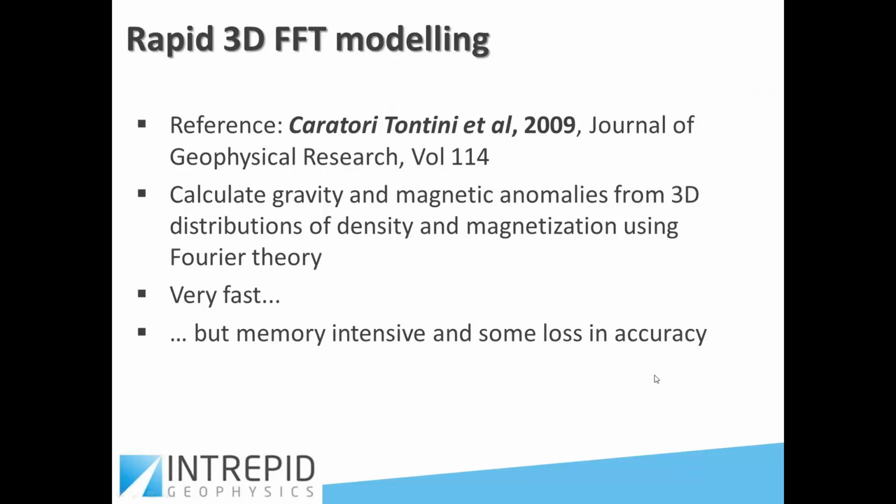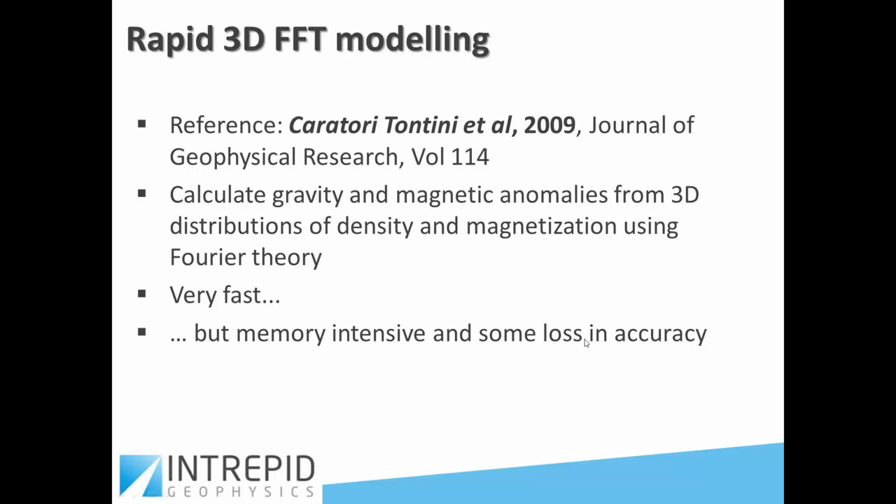It's only available in the spatial method. The other alternative method in GeoModeller is the rapid 3D fast Fourier transformation modelling method, and the reference is given here to the original work, and it is a very useful method. It's very fast. It's quite memory intensive.